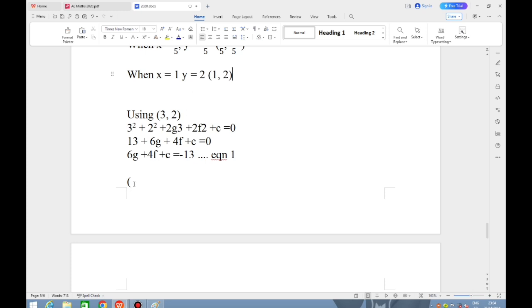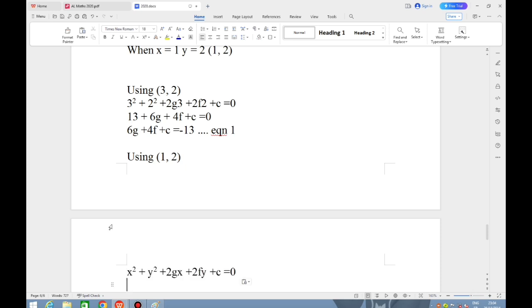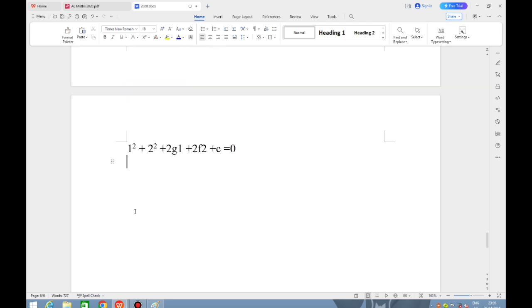Now substituting those points into the equation of the circle, we get 1 squared plus 2 squared plus 2g times 1 plus 2f times 2 plus c is equal to 0. 1 plus 4 is 5, that's going to give us 2g plus 4f plus c is equal to negative 5. You can call that equation 2.